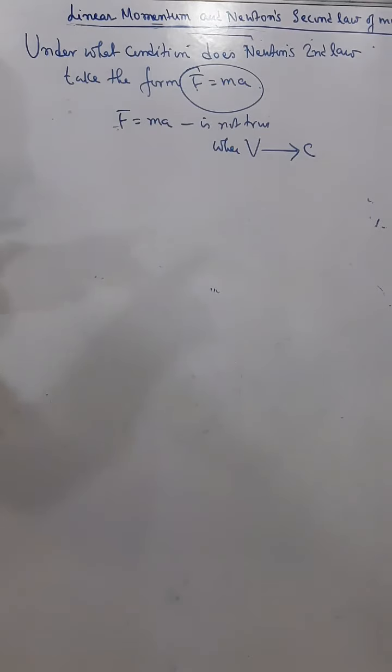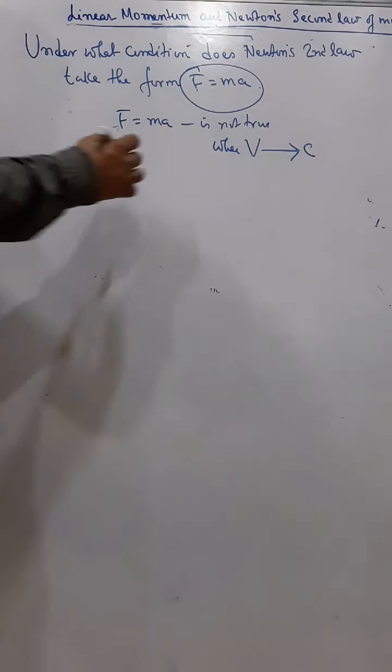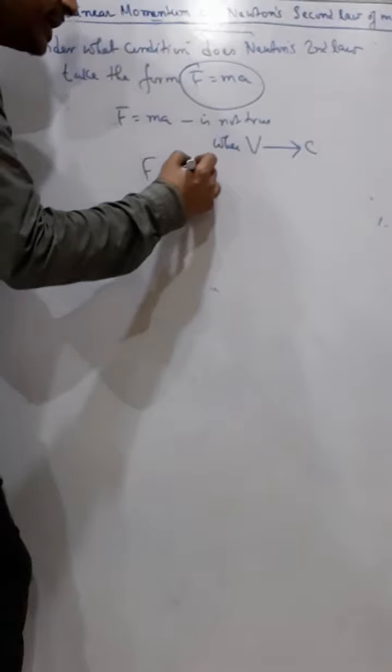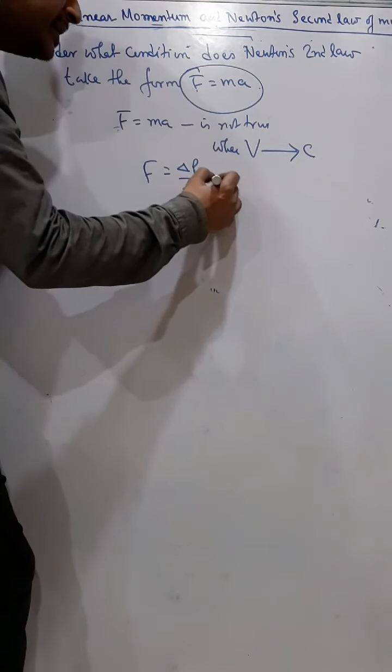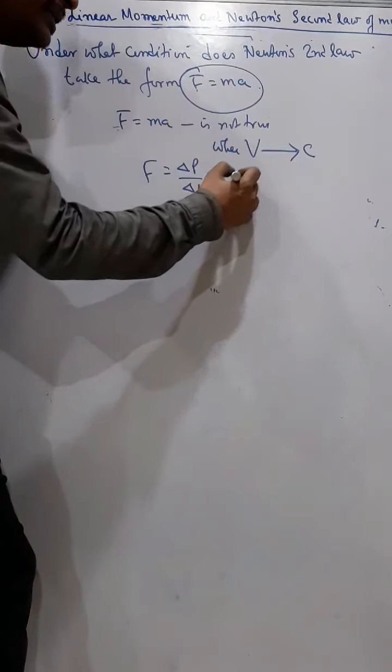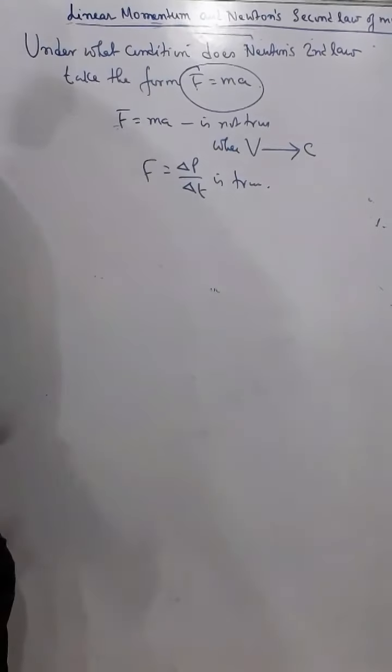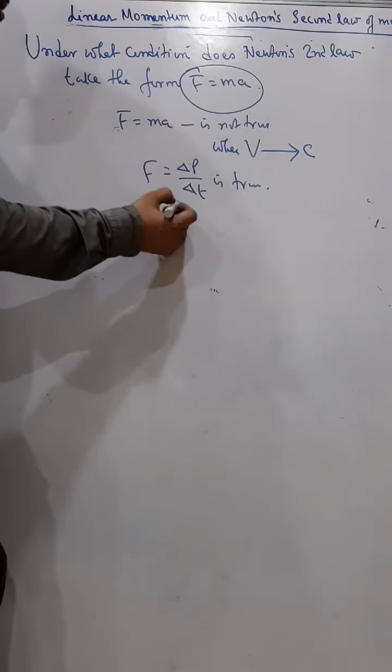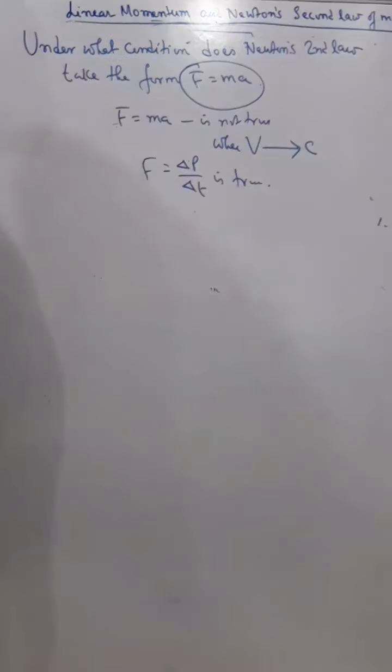In that case mass is not constant. But in that case F equals delta p by delta t is true. Now this is true. But since mass is not constant, m into a is not true.